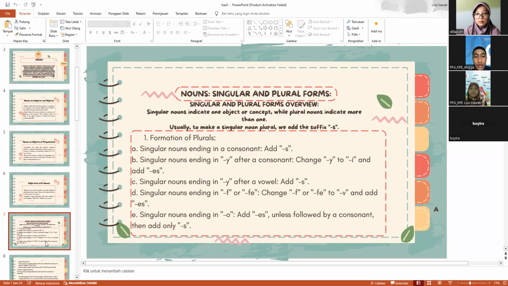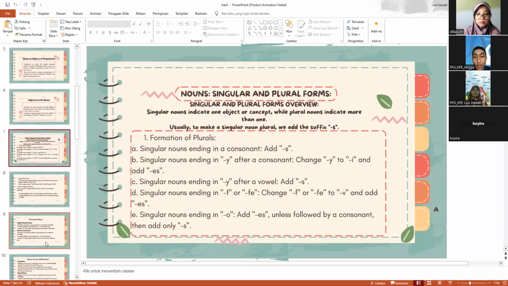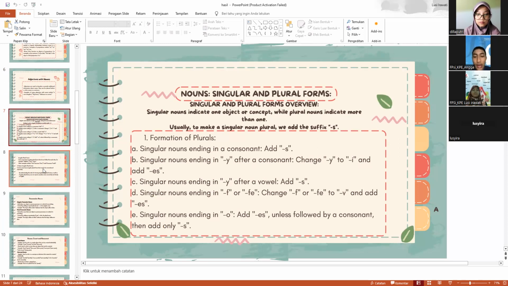C. Singular nouns ending in y after a vowel add s. D. Singular nouns ending in f or v change f or v to v and add es. E. Singular nouns ending in o add es unless preceded by a vowel, then add only s.